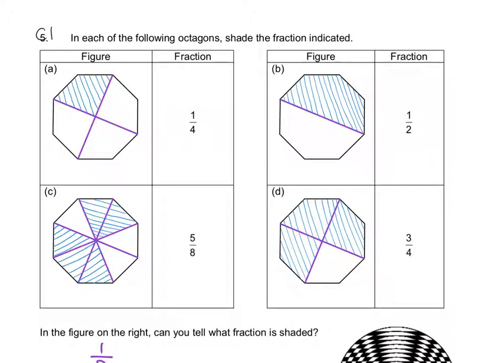When you join them together, you will be definite. You don't need to worry about whether it is half or not. Just join like this, you will get 4 equal parts here. For 8 equal parts, after you draw the quarter already, use another point. When you join all the points to the opposite points, you will get 8 equal parts. The rest is just shading how many out of the equal parts.